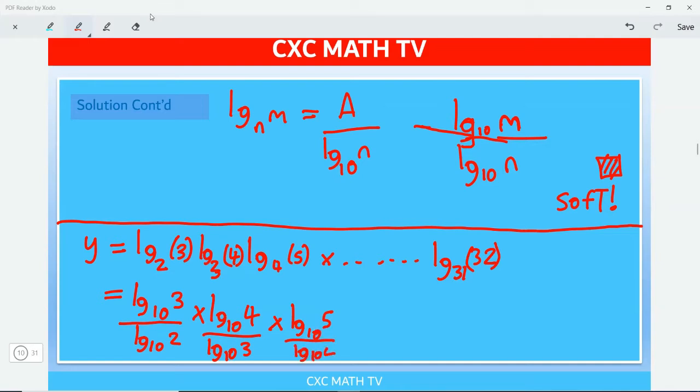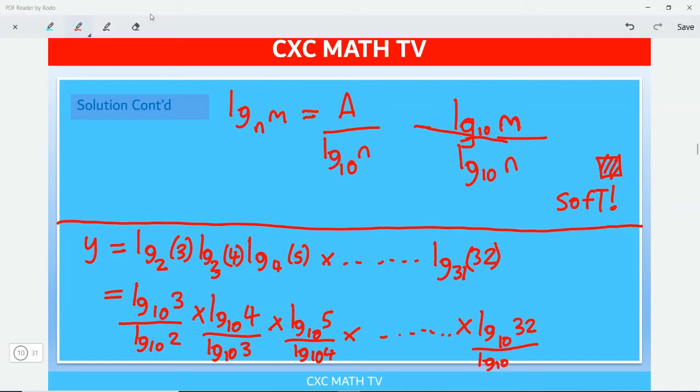And we're going to keep on doing that until we reach log to base 31 of 32.